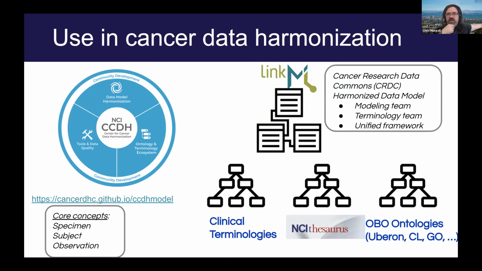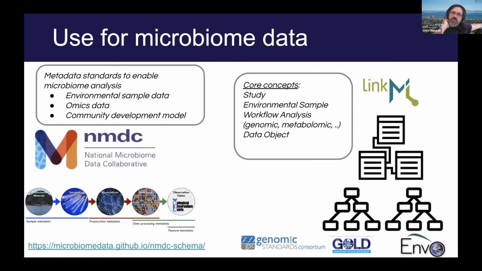And we needed to unite different kinds of terminologies and different ontologies, because with a complex domain like this, there's not going to be one ontology that rules them all. So this framework allows us to define enumerations and use the appropriate ontology, whether it's the NCI Thesaurus, whether it's OBO ontologies like Uberon for anatomy, or clinical terminologies such as SNOMED.